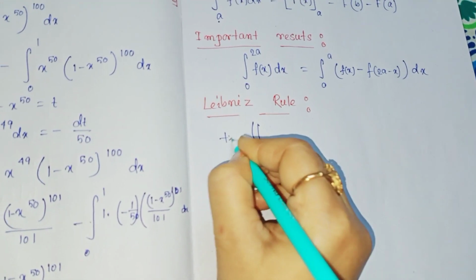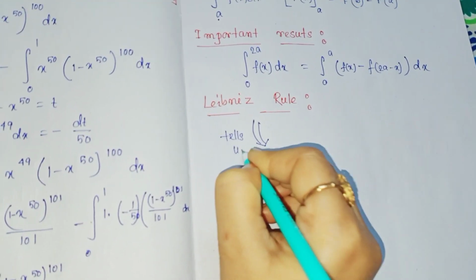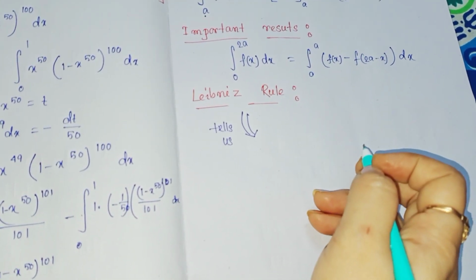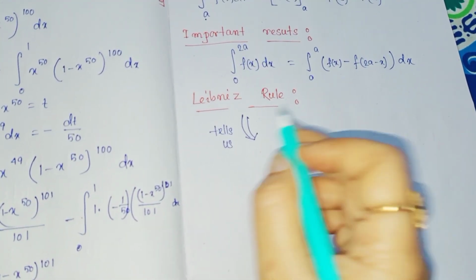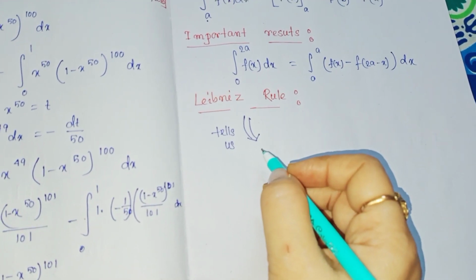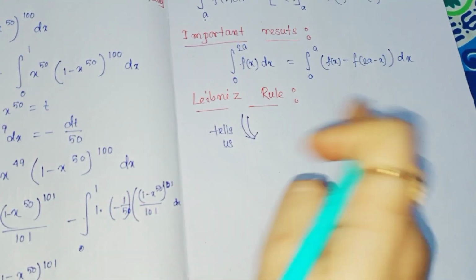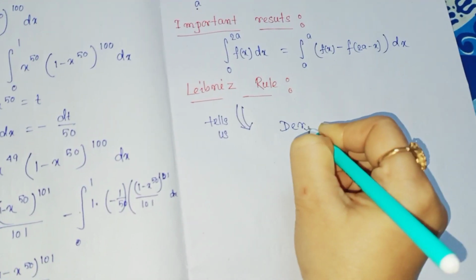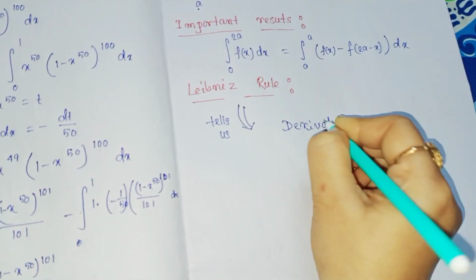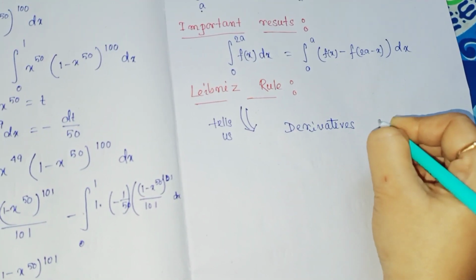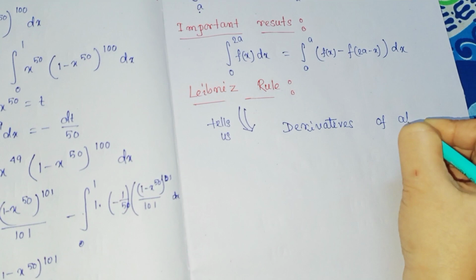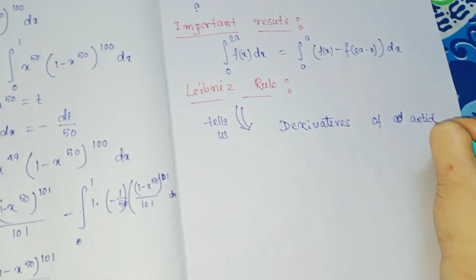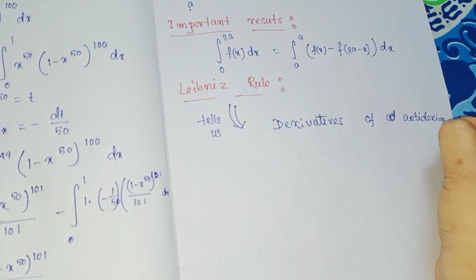Leibniz rule tells us about the derivative of an antiderivative. That is, derivatives of antiderivatives.